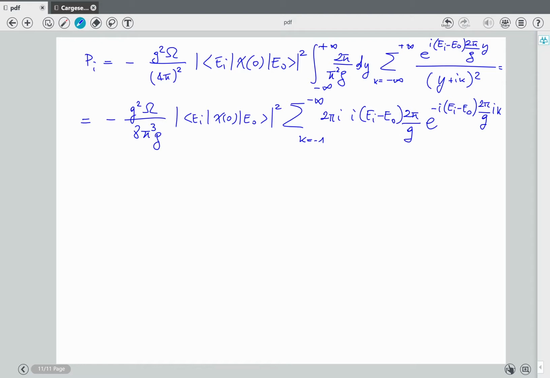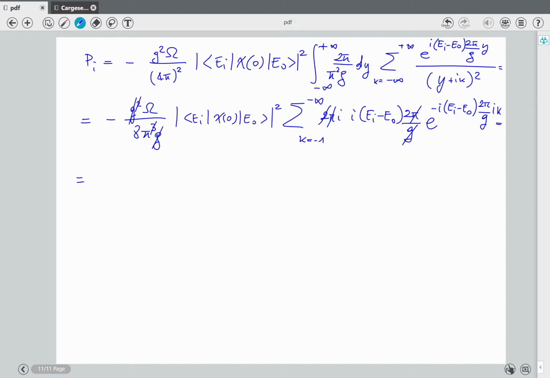Okay, so let me check the factors here. Yes, that's okay. So there is a factor g that goes away here, another factor g that goes away there, pi and pi cancel pi cube and leave a pi.